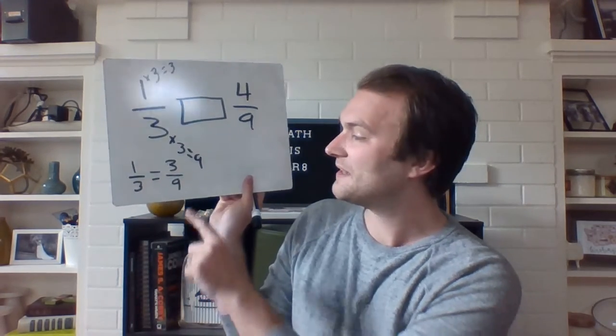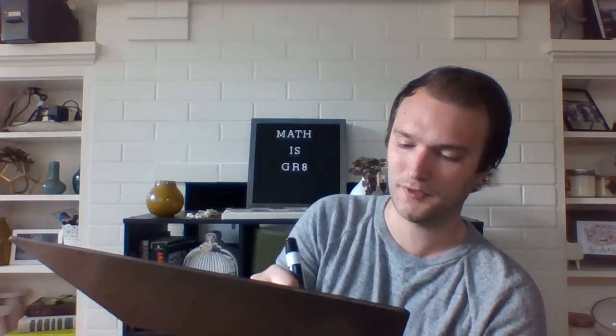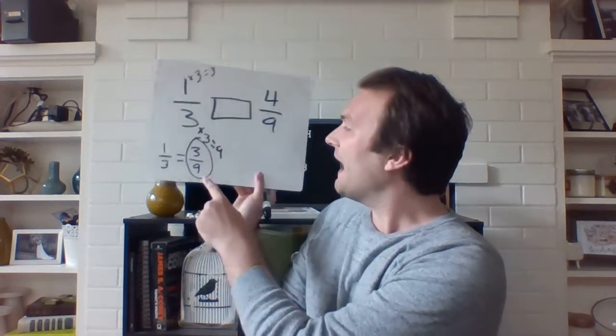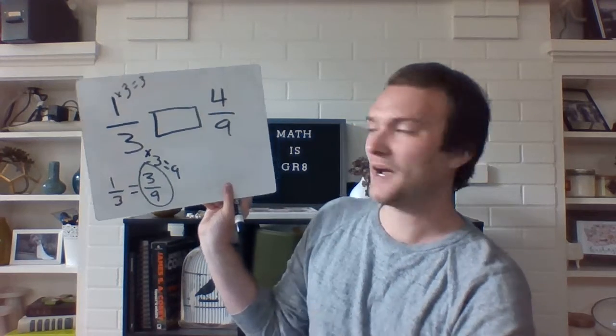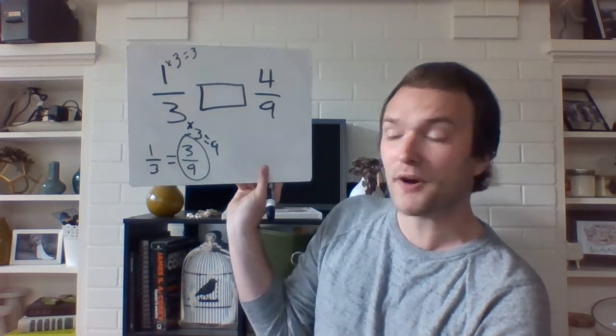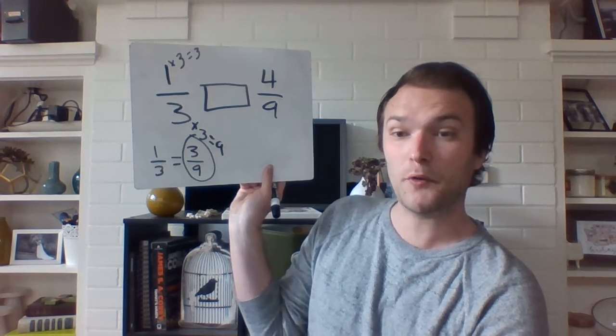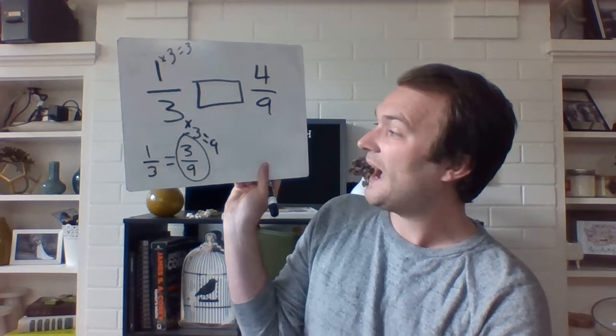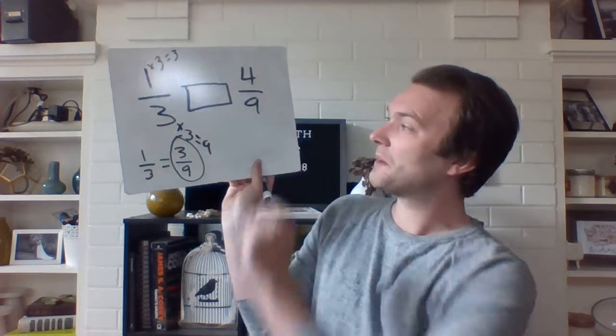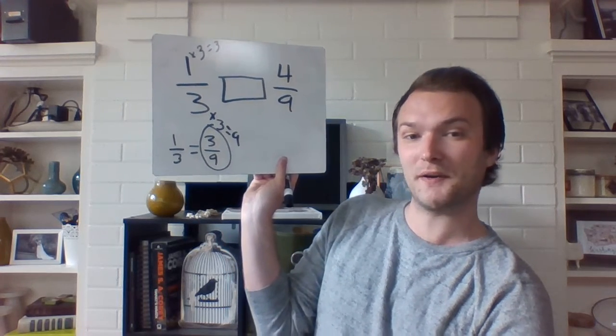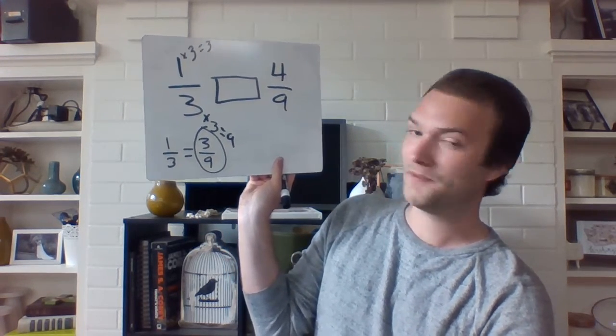Now what I can do is take my new fraction, 3/9, circle it so we remember what we're talking about, and compare that to this fraction of 4/9. And now it's just the same process we did earlier, where since we have the same denominator, or the number on the bottom, I can then compare my numerators, the number on the top, to figure out which one is bigger. I'll let you figure out that last step by yourself.